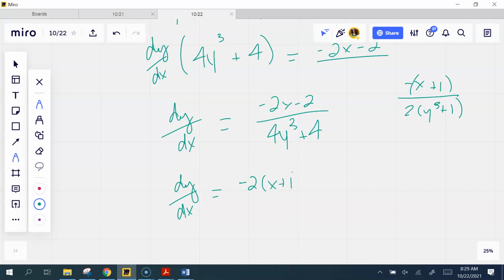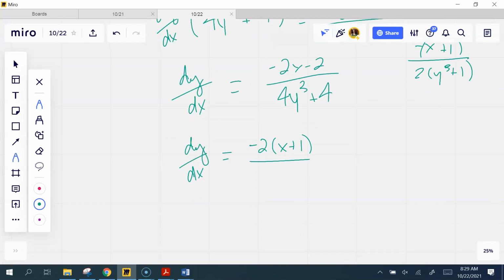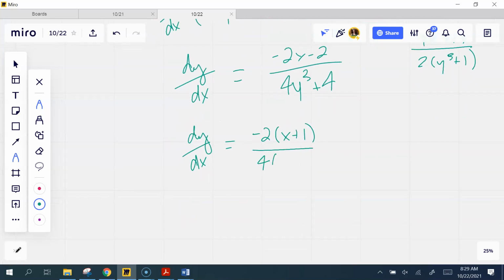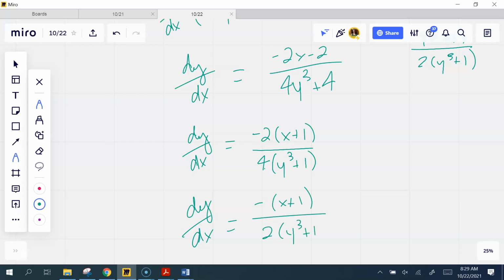It leaves me with x plus 1. I'm looking really close to the numerator now. Take a 4 out of the 4y cubed plus 4, and it leaves me with y cubed plus 1. 2 divided by 4 is a half, right? So I end up with negative (x plus 1) over 2 (y cubed plus 1).